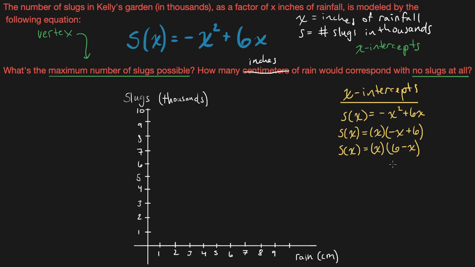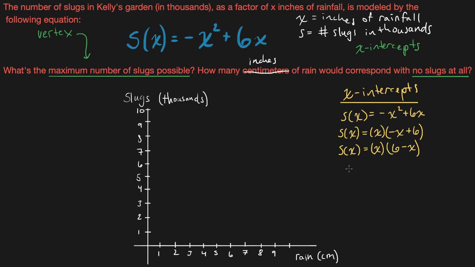The next thing we're going to do is imagine what values of x are going to make the right-hand side of the equation 0. Well, if I substituted in a 0 for x, then I would have 0 times 6 minus x, and the output would be 0.